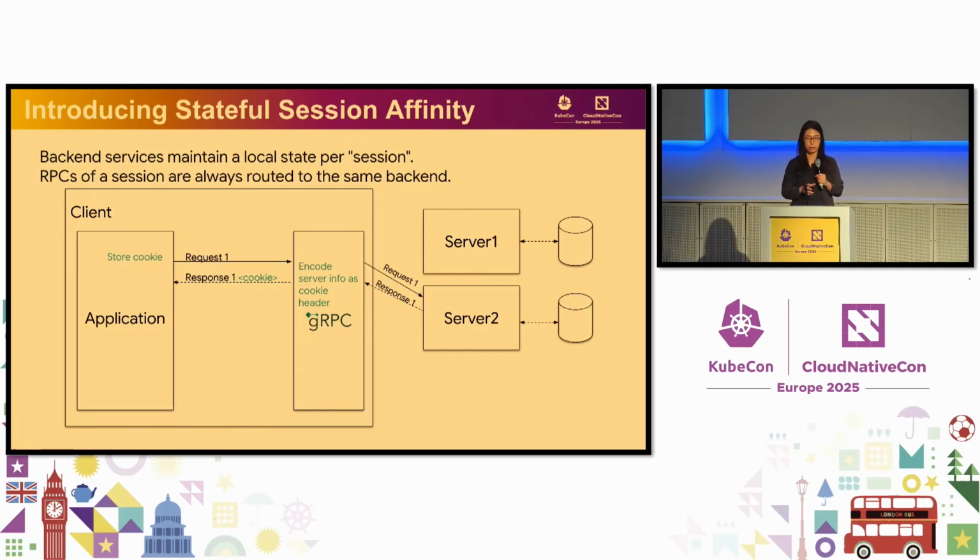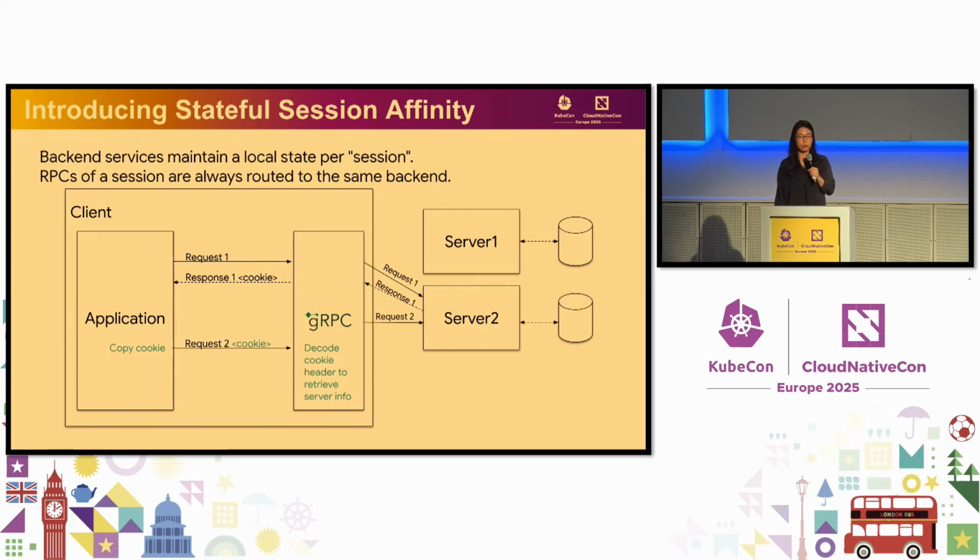You can see the cookie attached to response 1 here, and the client will receive the Set-Cookie header in the response and use the cookie to define a session. All the subsequent requests in the session need to be populated with the same cookie, and gRPC will ensure that all the following requests sent with that cookie will be sent to the same server.